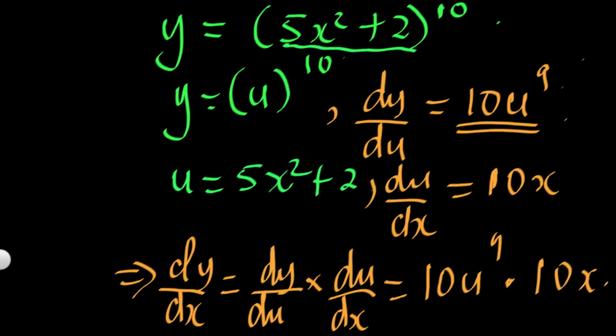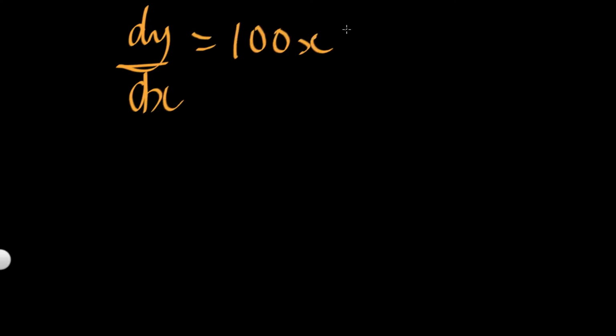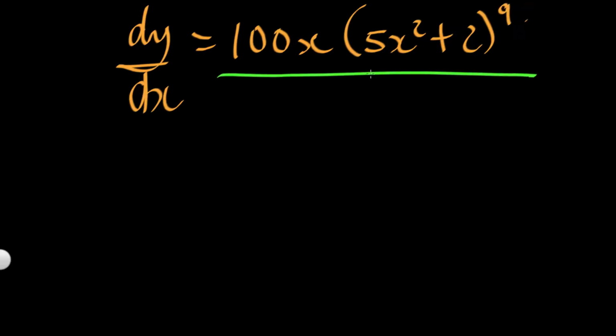This is our answer, but we can multiply these together, and we also know that our u is 5x squared plus 2, so we can write our final answer as dy/dx equals 100x, and where there was u, we put (5x squared plus 2) to the power of 9. Okay, this is the final answer. This is what we do when we are using the chain rule.